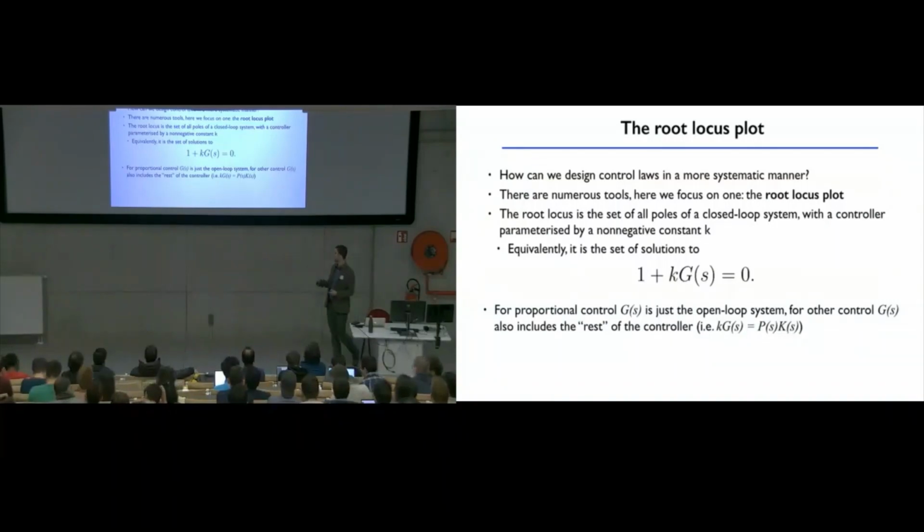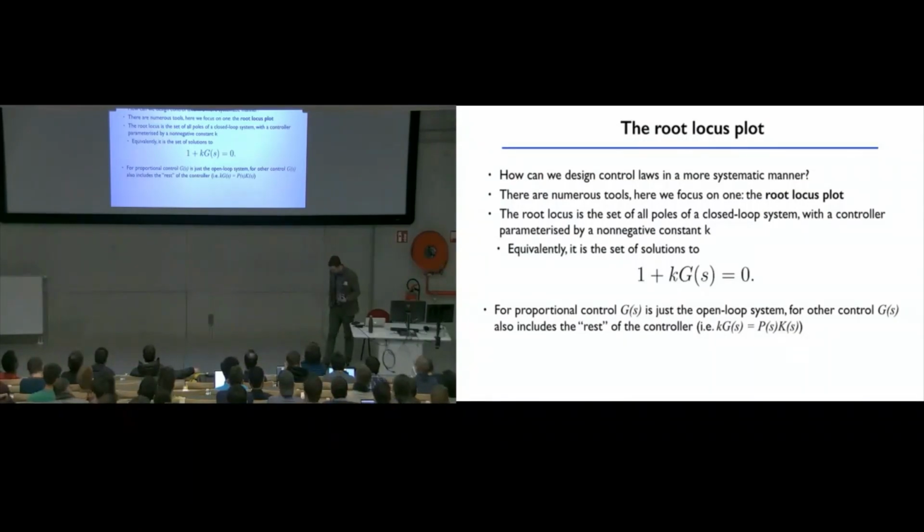Now, in the example that I showed, it was relatively simple to, from first principles, determine where my closed loop poles were. But that really relied on me only having a two-dimensional system which had a quadratic that I needed to solve for the poles, and I could use my quadratic formula, and so everything works out nicely.